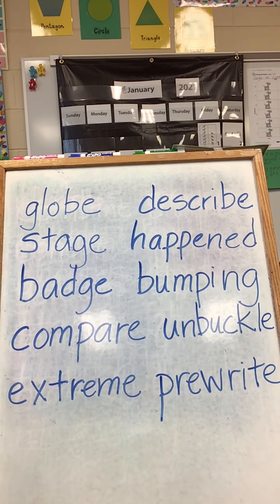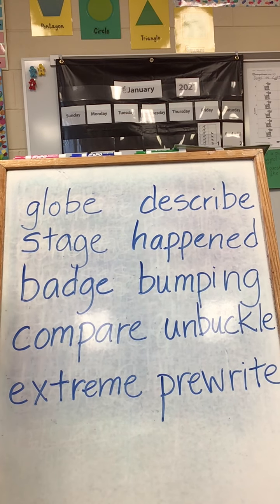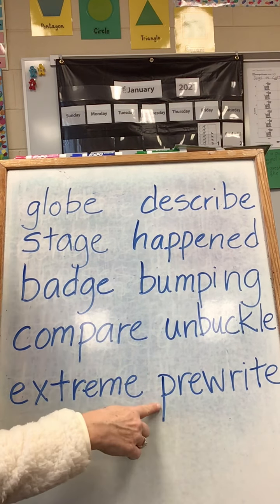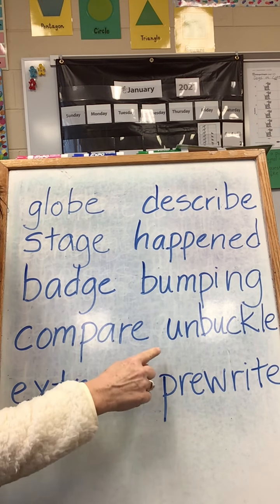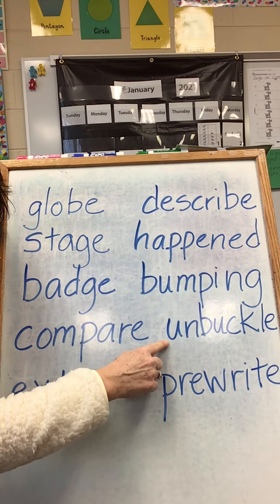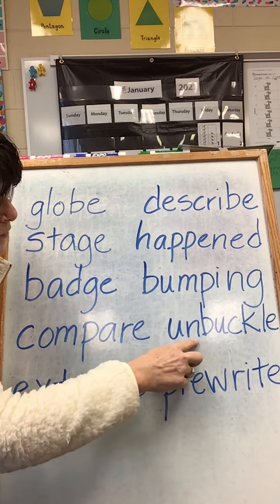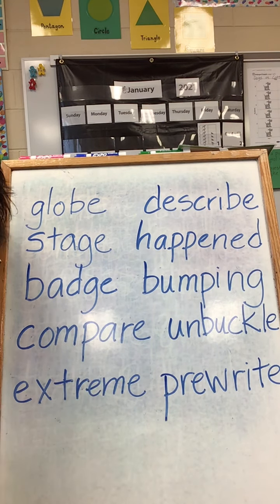All right, I'm looking for a word that has a prefix on it. A prefix. If you said pre-write, you are correct. Or if you said unbuckle, you are also correct. Un is a prefix, pre is a prefix.